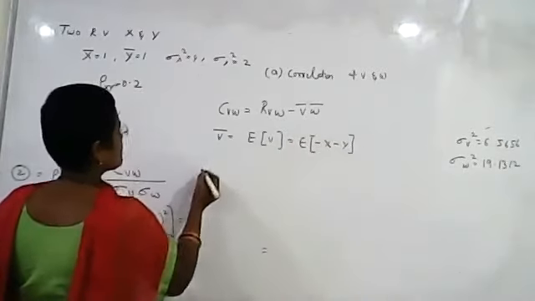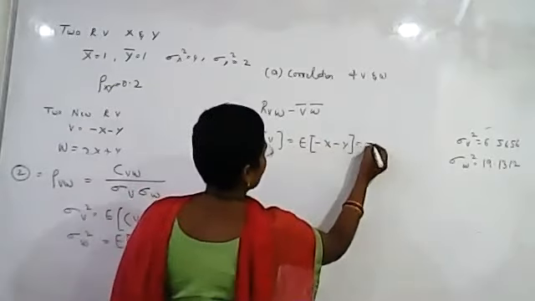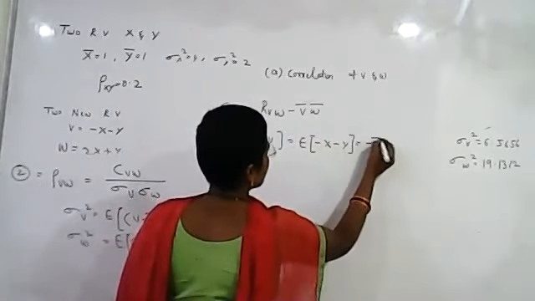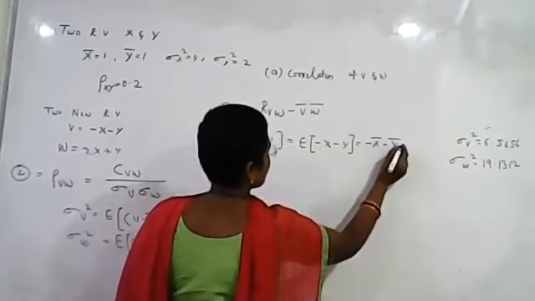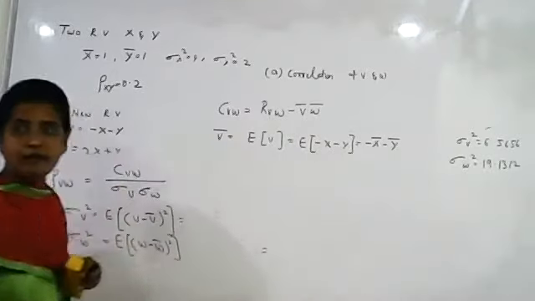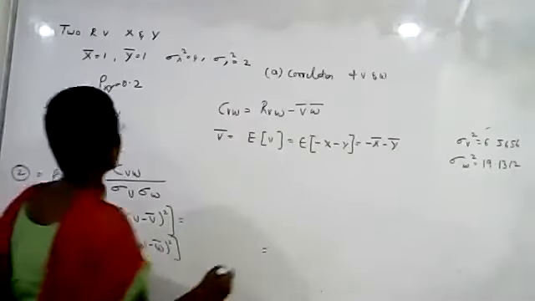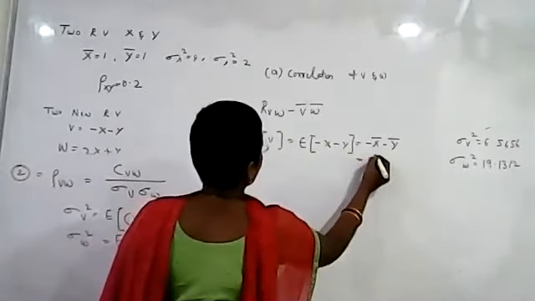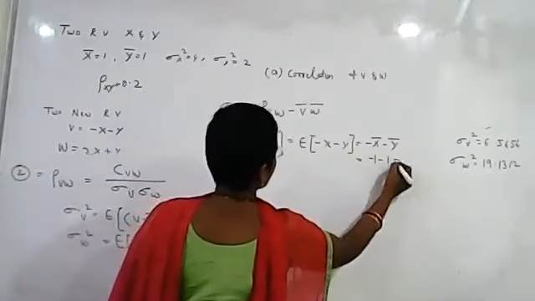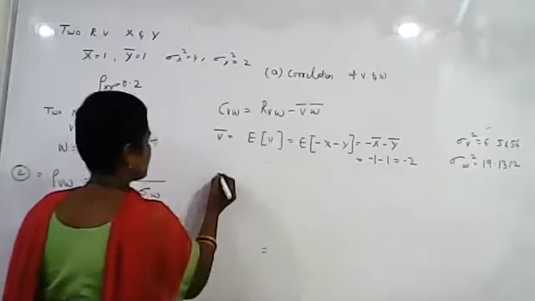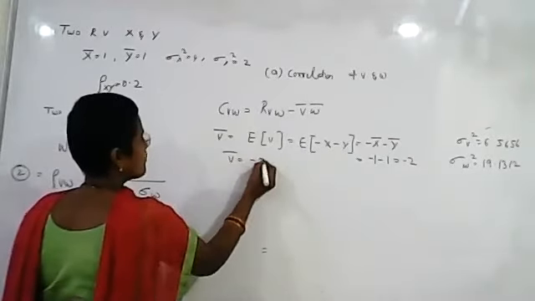Substitute V. So it is expected value of x minus expected value of y, which is y bar. Expected value of x is given as 1, y is also given as 2, so it is equal to minus 2. So V bar is equal to minus 2.